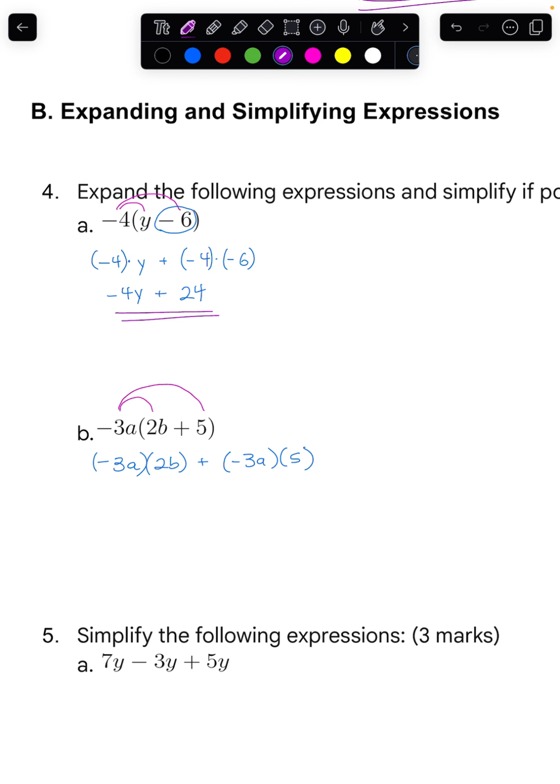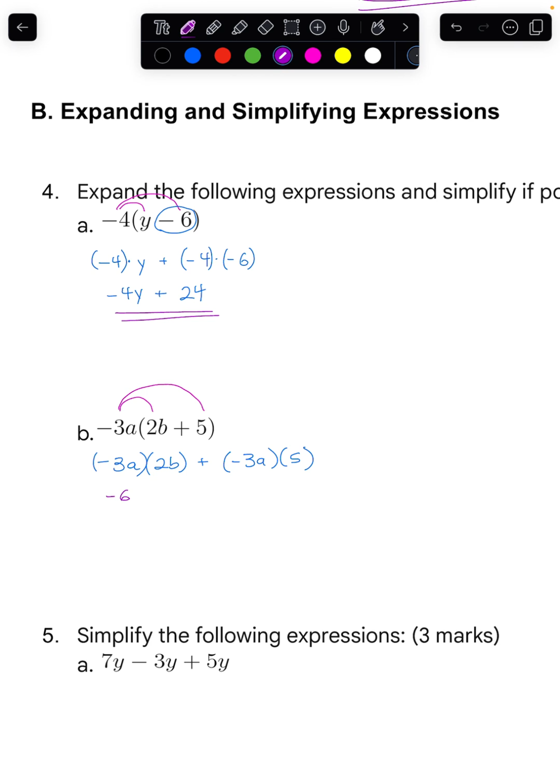You know what I'm going to do? I'm just going to reorder everything. So it's important to know that when we're multiplying these 2 terms, we can multiply the coefficients, which is that -3 and 2. And we'll get -6. And we don't know the values of a and b, but they don't go away.